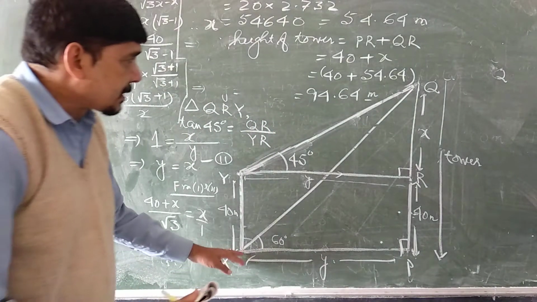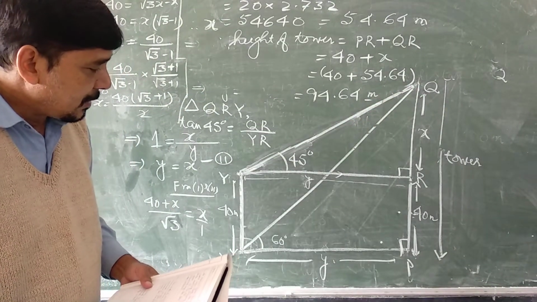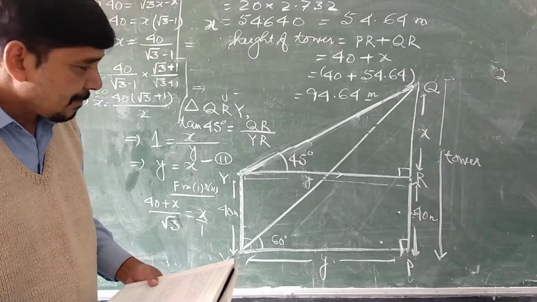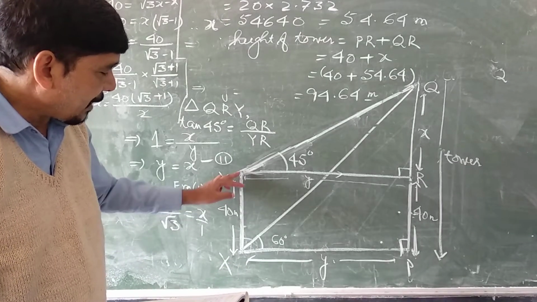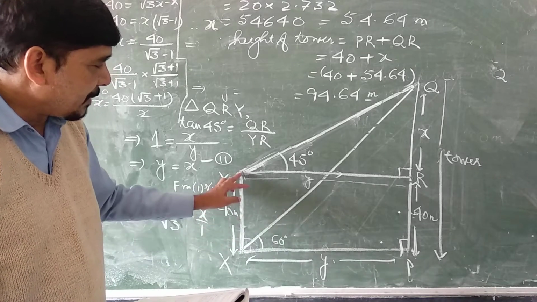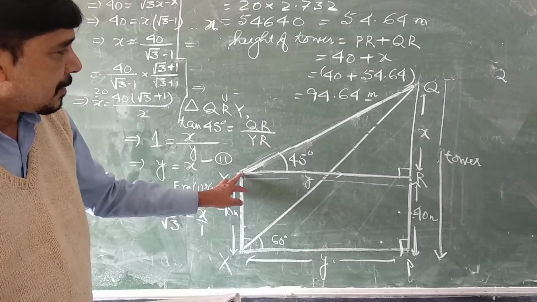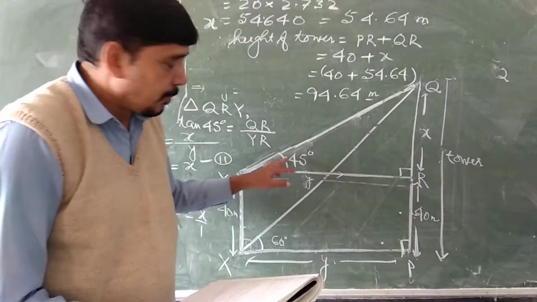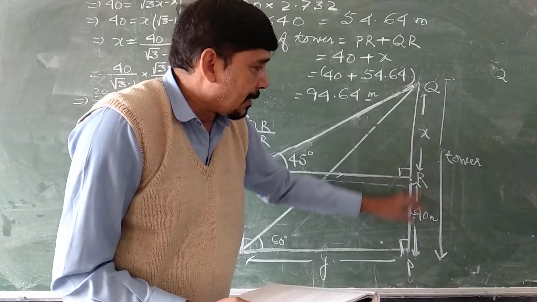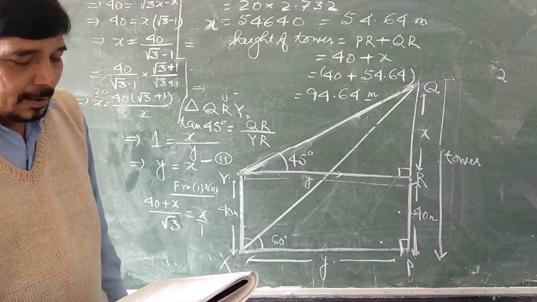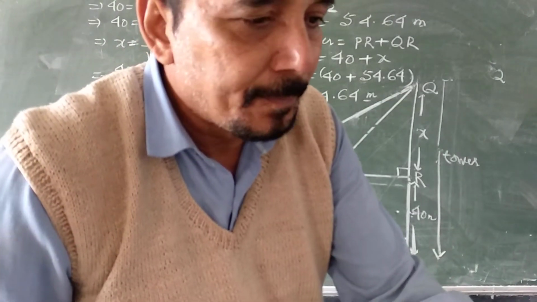From point X, the angle of elevation of the top Q is given as 60 degrees. Again at point Y, which is 40 meters above X, the angle of elevation is 45 degrees. Now find the height of tower PQ and the distance XQ.